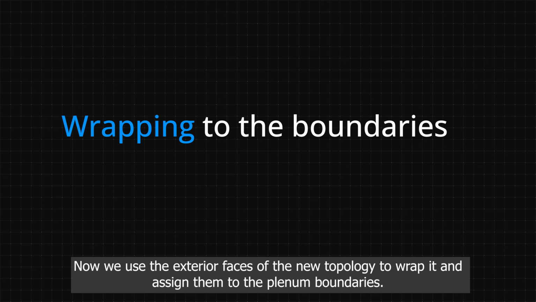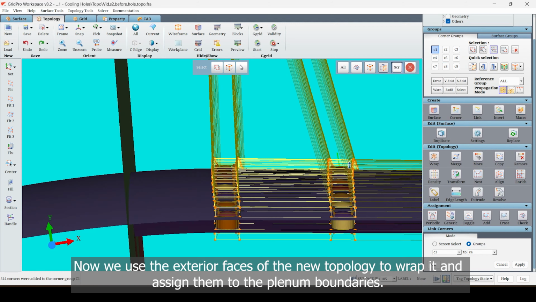Wrapping to the boundaries. Now we use the exterior faces of the new topology to wrap it and assign them to the plenum boundaries.